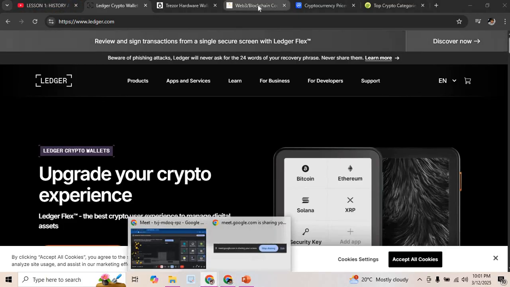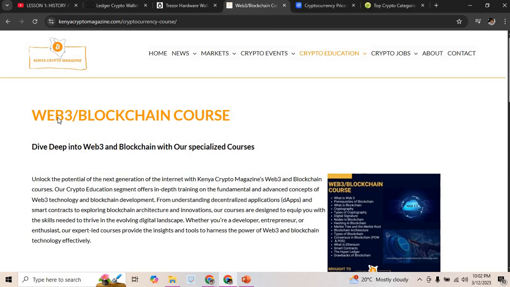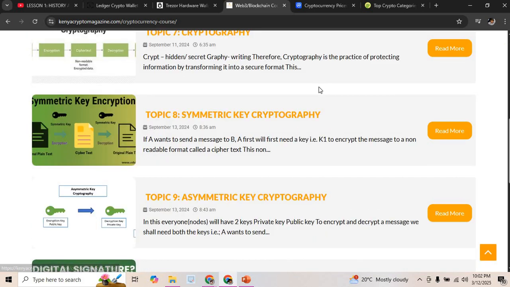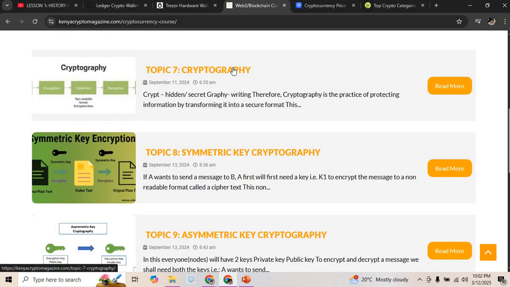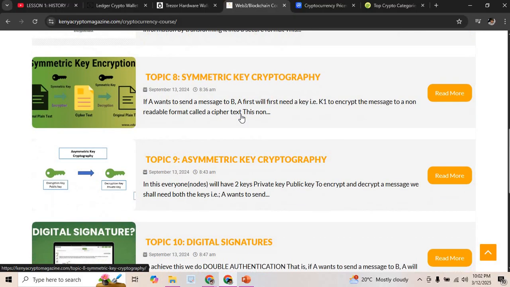If you go to my website and go under Web3, from this part you go to the Web3 and blockchain course. If you come to this part, understanding cryptography, we'll have the symmetric key cryptography, then we're going to have the asymmetric key cryptography.